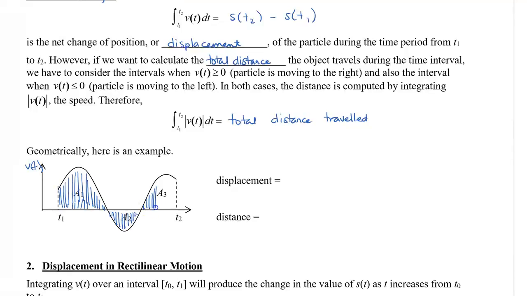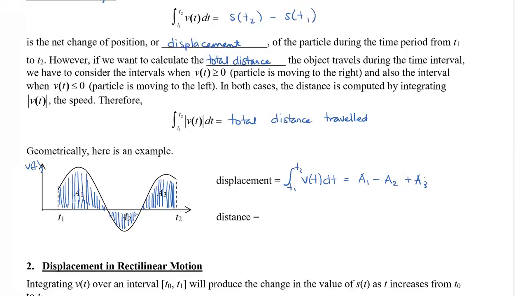So this is A1, A2, and A3. When I want to calculate the displacement, I'm going to look for the integral from t1 to t2 of my velocity. So that's going to be A1 minus A2 plus A3.